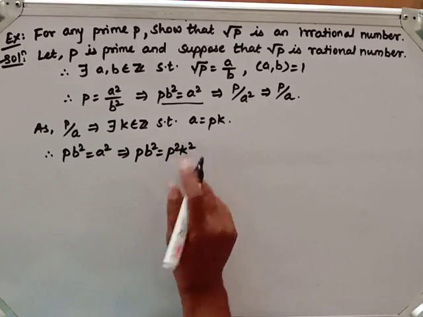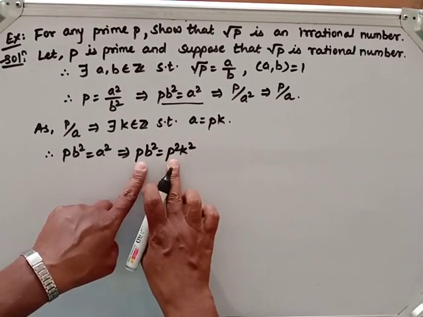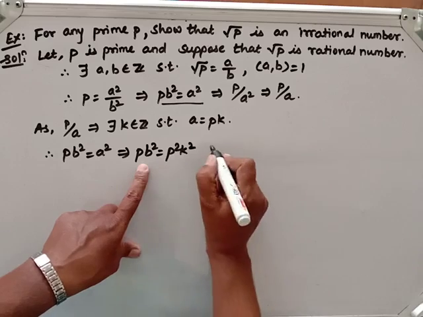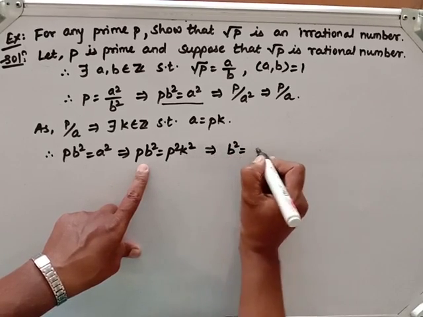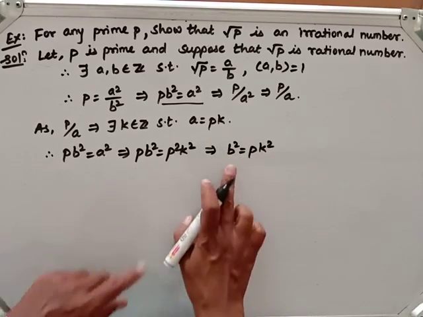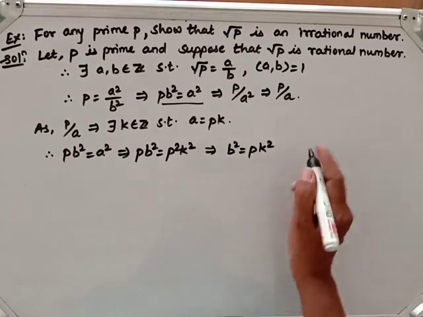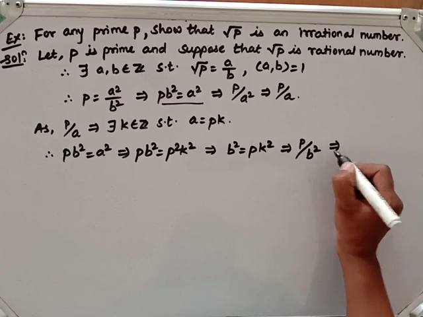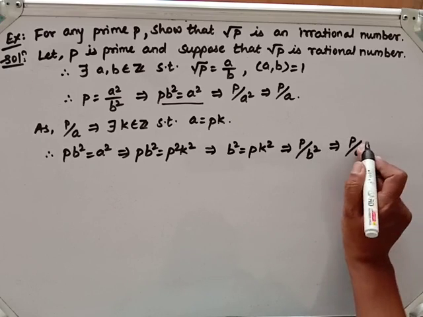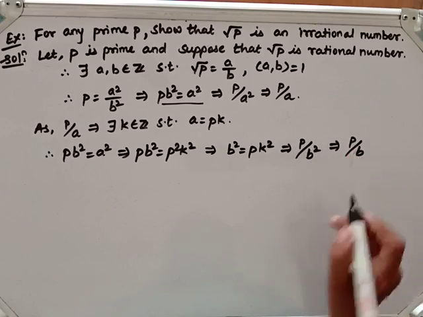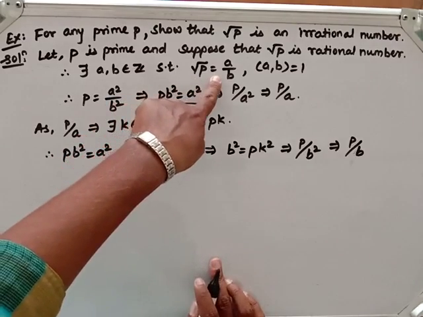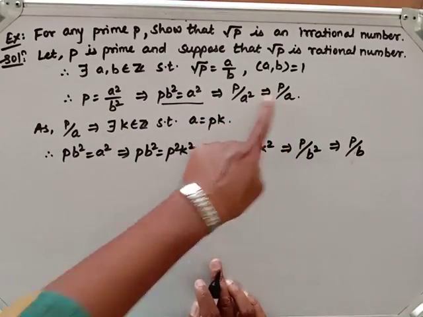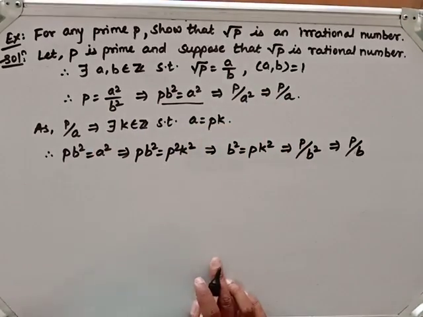Now P is non-zero, as P is a prime and strictly greater than 1, so it gets cancelled. So we get B square is equal to P K square, that is, P divides B square. Now P divides B square means P divides B. So while we assumed square root P is A upon B, we get P divides A, and P divides B also.